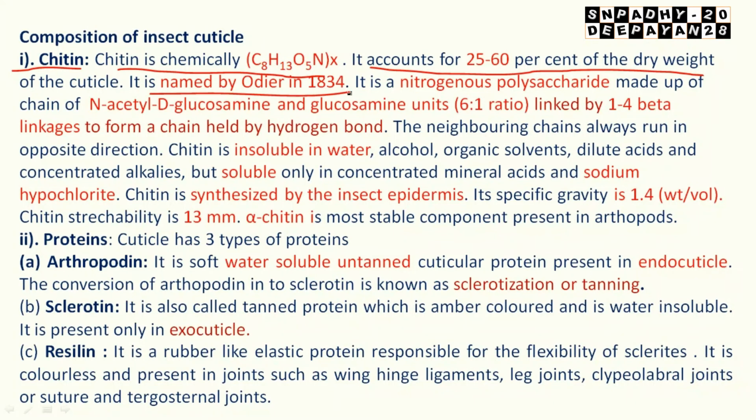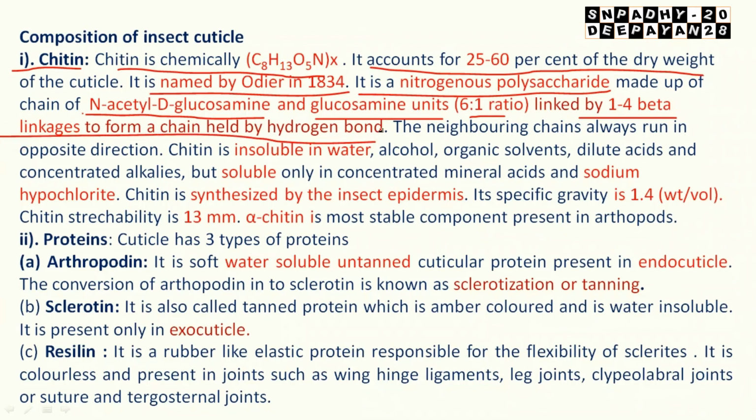It was named by Odier in 1834. It is a nitrogenous polysaccharide made up of two things. It is important: chitin is made up of N-acetyl D-glucosamine and glucosamine unit in 6:1 ratio, linked by 1,4-beta linkages to form a chain held by hydrogen bond.